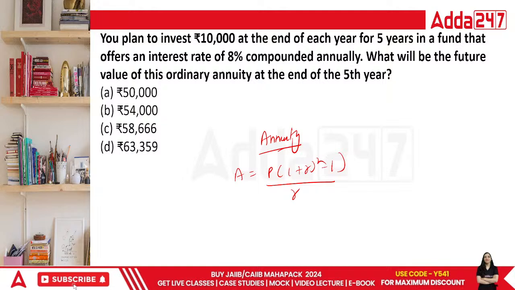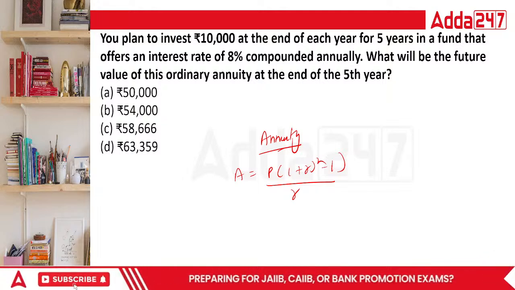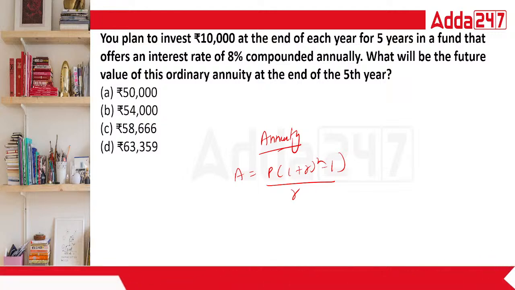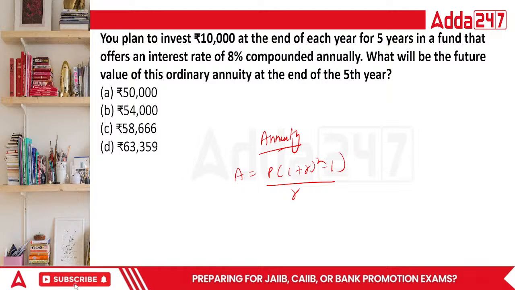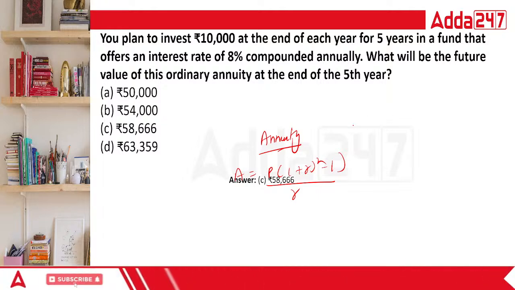Try the formula, everyone. You have got 10,000 rupees. You plan to invest 10,000 at the end of each year, for 5 years, and 8% is your rate of interest, which is compounded annually. So in this case, what is going to be the answer? It is going to be 58,666. How do we do this, everyone?